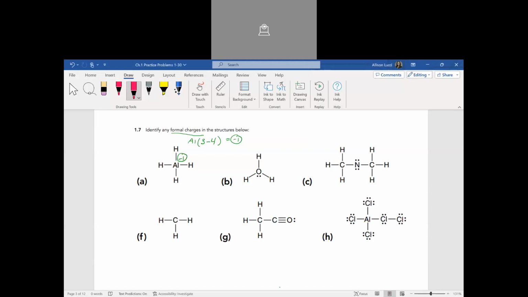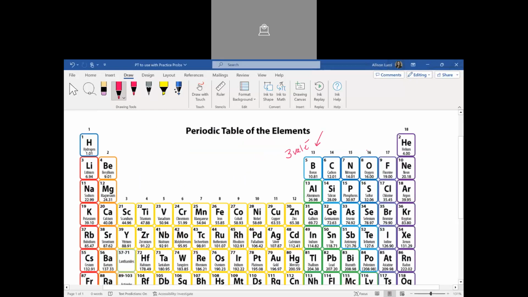Let's look at B. So in B, we'll look at any formal charges. All the hydrogens have 1 bond, so they are all neutral. Oxygen, we know should have, right? If we go to our periodic table again, we'll look at oxygen. That's in group 6, so that will have 6 valence electrons.